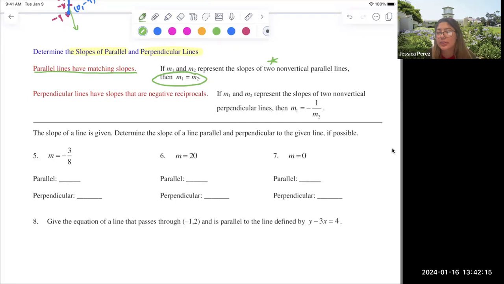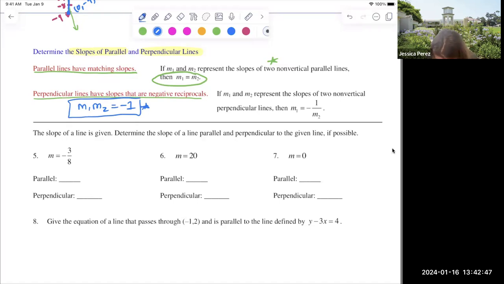So we're not talking about two undefined slopes, but when we have two of the same slopes, that corresponds to parallel lines. So when both m1 and m2 of different lines have the same slope, then those lines are parallel. If they are perpendicular, they're negative reciprocal slopes. That means that m1 times m2 is equal to -1, and that's what I'm actually going to show you. This one says m1 equals -1 over m2.